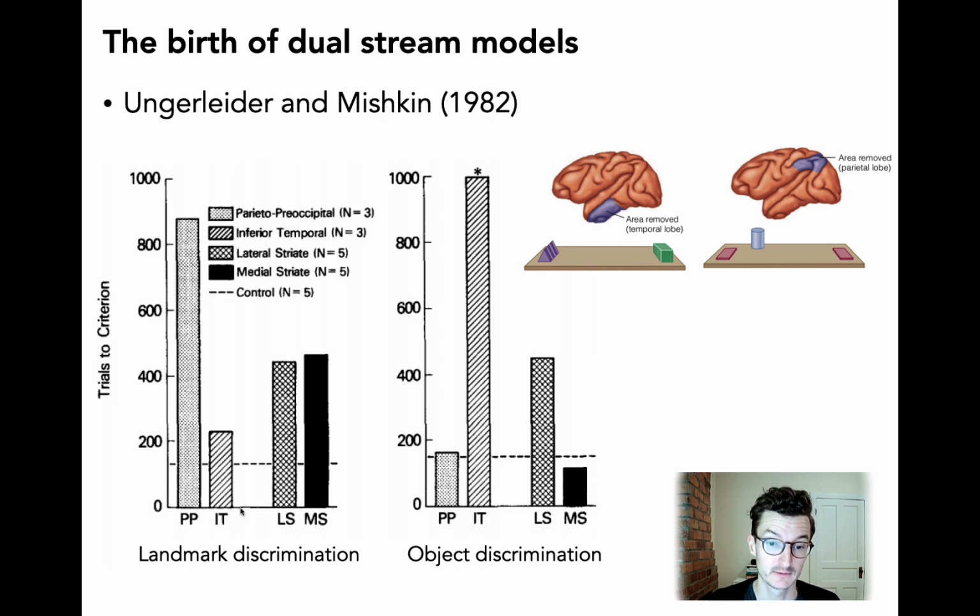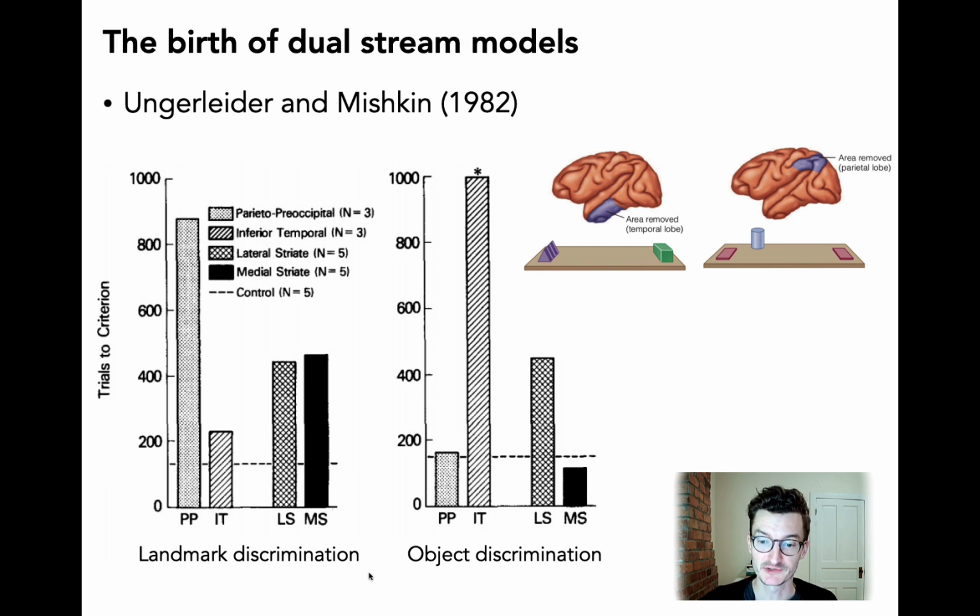Animals with lesions in the lateral and medial striate cortex, so remember, medial means near the middle, lateral means near the outside, striate simply means visual cortex. Animals with lesions in these areas were not as good as animals with lesions in the temporal lobe, but not as bad as animals with lesions in the parietal lobe. So it seems as if parietal lobe lesions really messed up the animal's ability to discriminate landmarks, to see where things are in space.